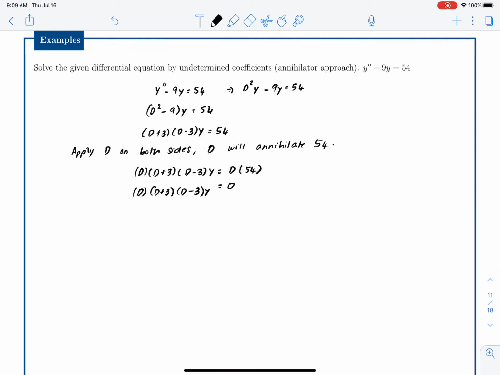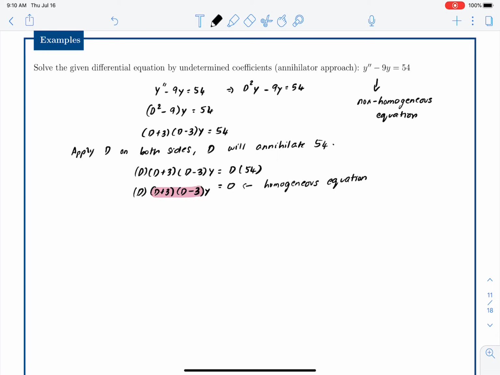Now what we started with is a non-homogeneous equation. And now, after applying the differential operator, we ended up getting a homogeneous equation. So we know the auxiliary equation comes from that part.